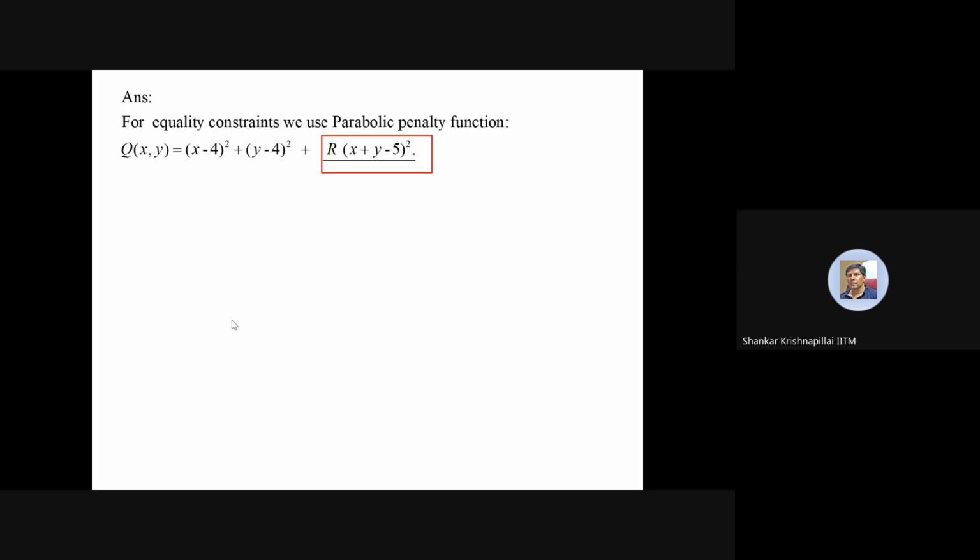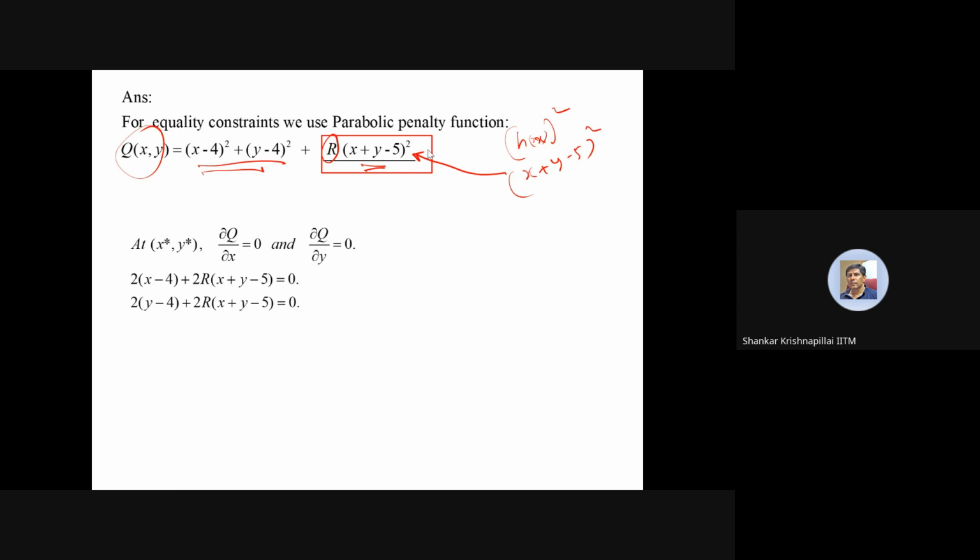To solve this problem, we write the objective function like this, plus R into the penalty term, h of x the whole squared, that is x plus y minus 5 the whole square. At the optimum x star, y star, the partial first derivative with respect to x is equal to 0, and the partial first derivative with respect to y is equal to 0.